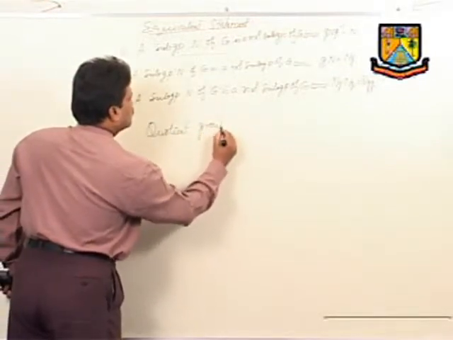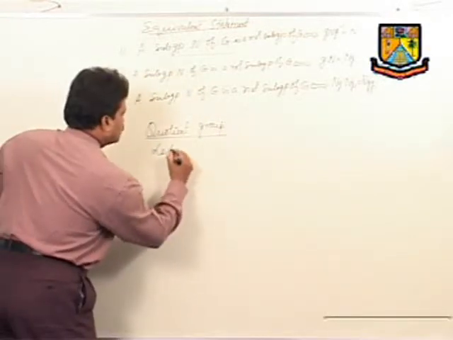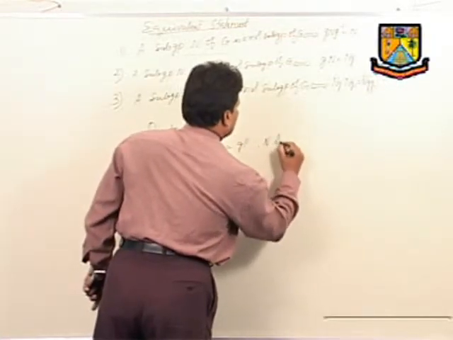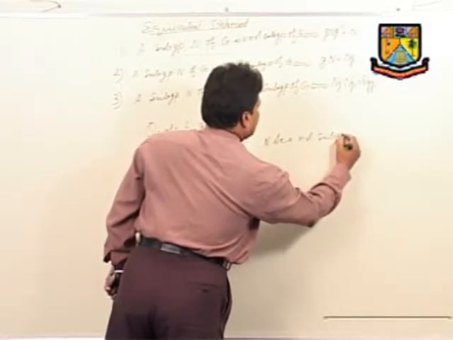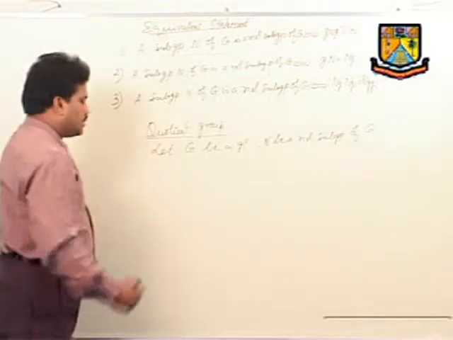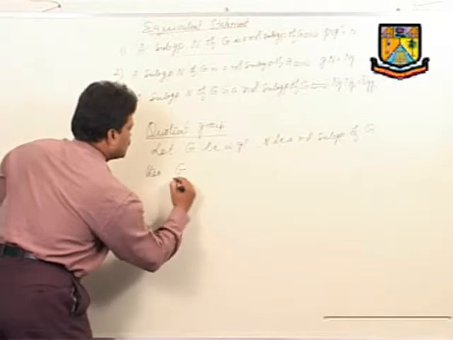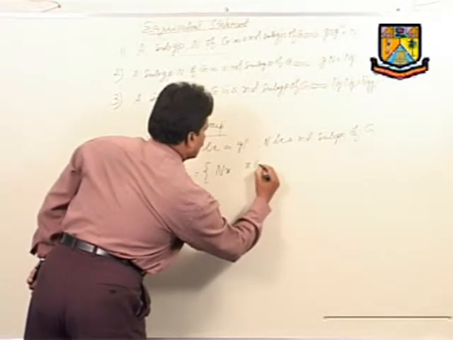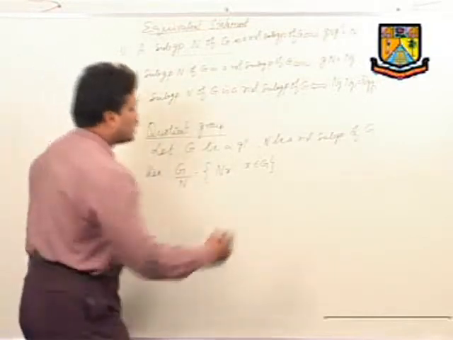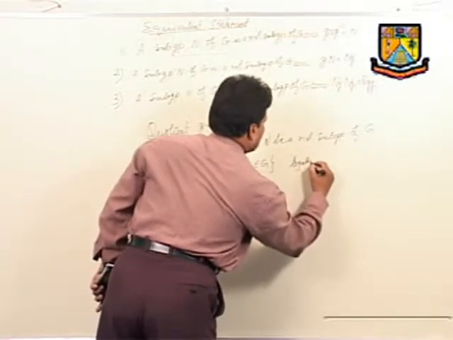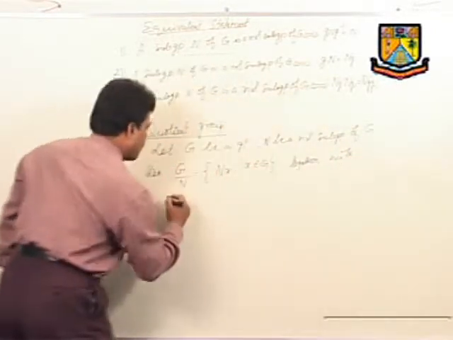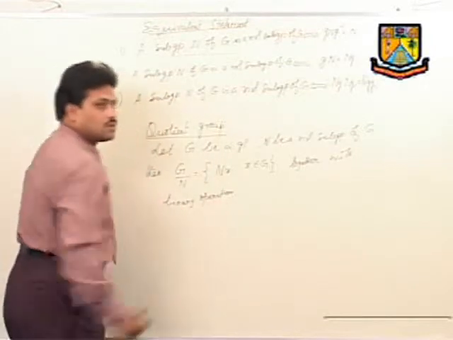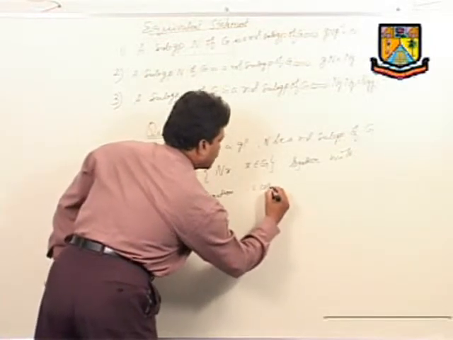The next we proceed for quotient group. Quotient group. Let G be a group, N be a normal subgroup of G, then the collection G by N equals the set of all Nx such that x varies over G, together with binary operation dot, this is coset multiplication.